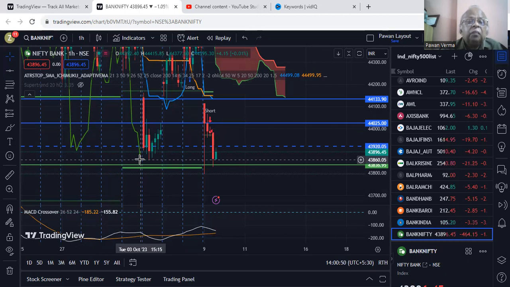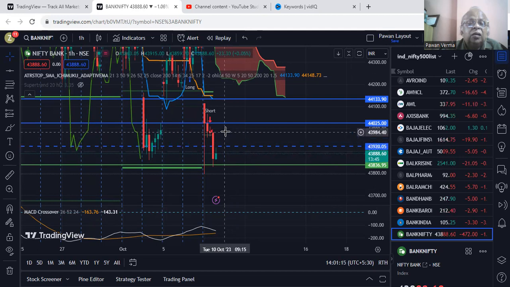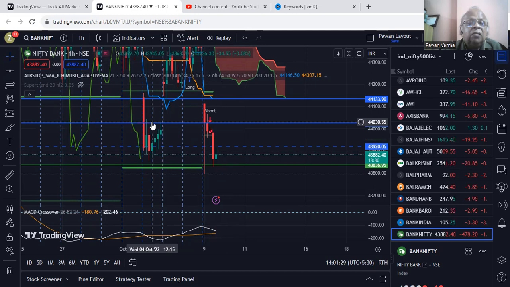Any upward movement, any clear-cut view where we can visualize an upward movement, unless the price crosses 43,982. In this scenario, the Chikou span position will be here.